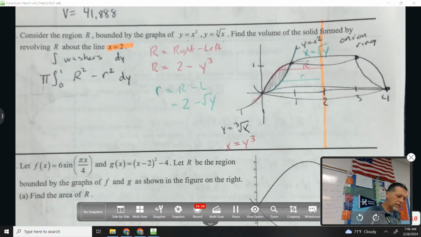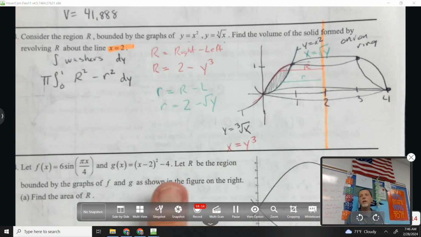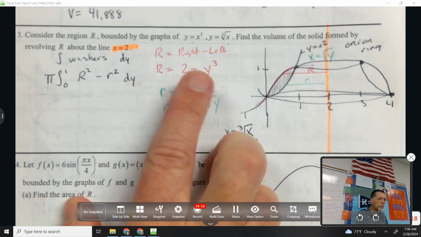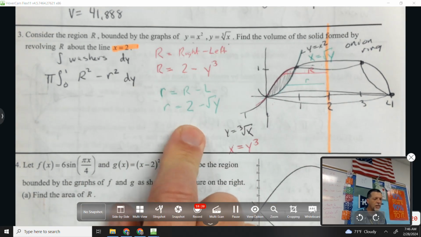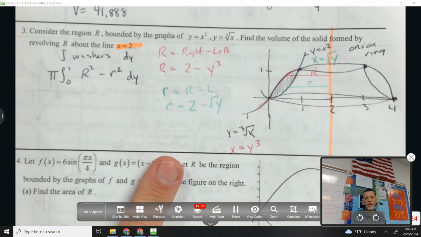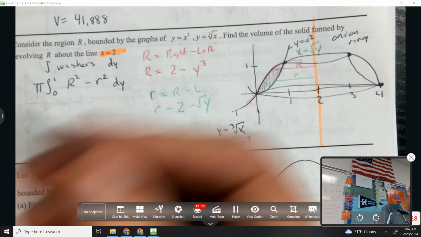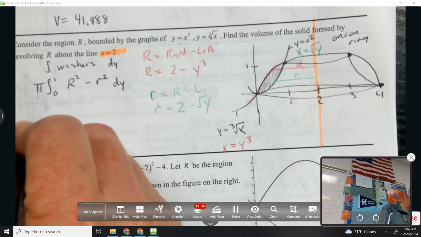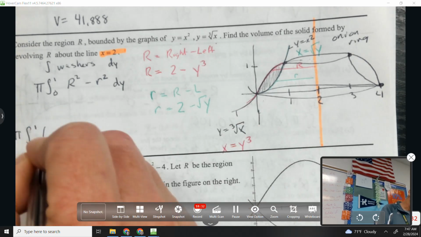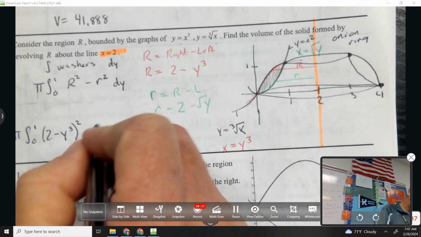I don't remember if I said this yesterday. This is enough in terms of showing your work, going to the calculator and giving me an answer. That's enough because you've told me who big R is, you've told me who little r is, they're in terms of y. Like, you're good. If you want to just write the answer down next, that's fine. I'm going to take the step of showing what I'm going to write or type into the calculator, especially since this one's kind of weird.